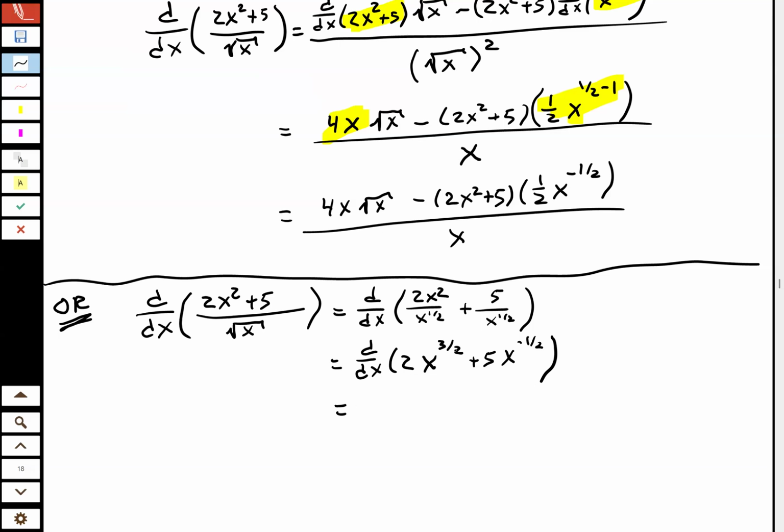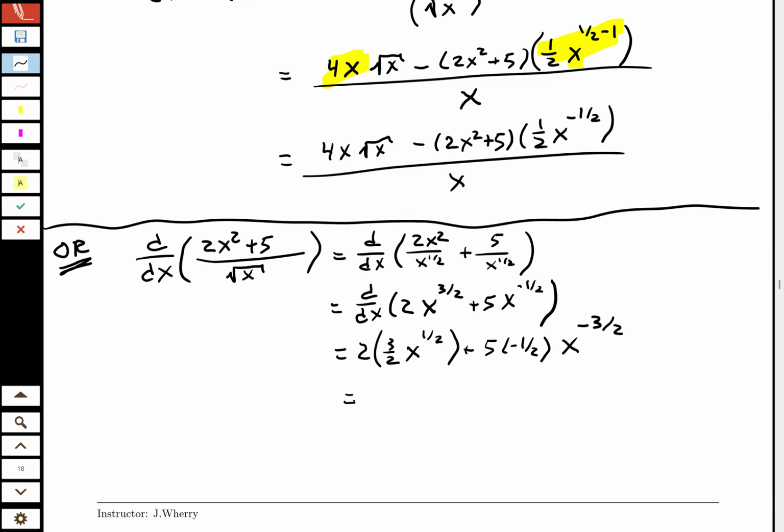Taking the derivative of this, I drop the powers and I subtract 1 from the exponent, so I'm going to have 2 times 3/2 x to the, if it used to be 3/2 and I take away 1, I have 1/2 left over. Here I drop that -1/2 and I subtract 1 from the power. I was down -0.5. Now I'm down -1.5. I subtracted another 1.